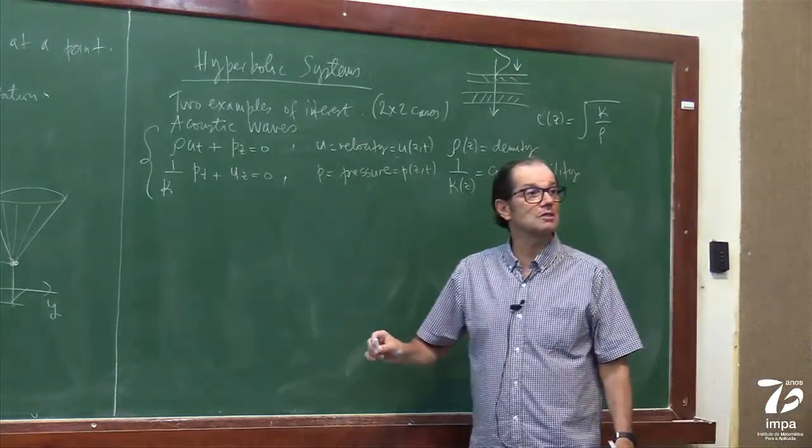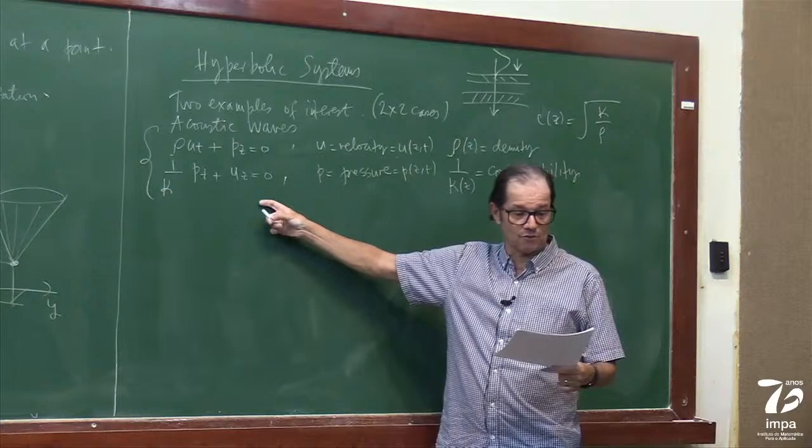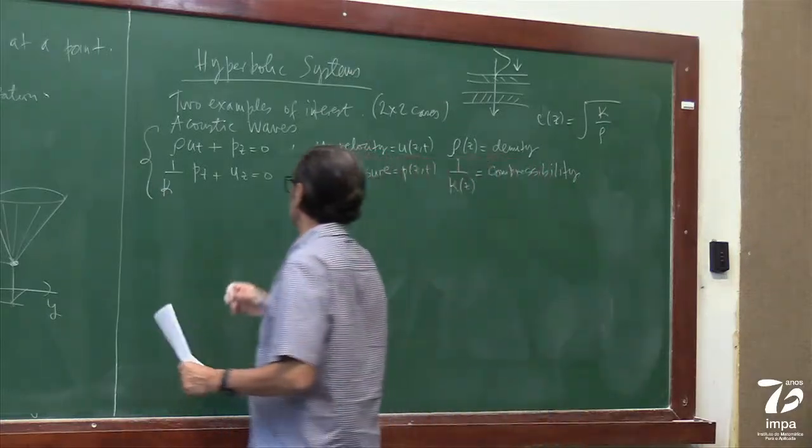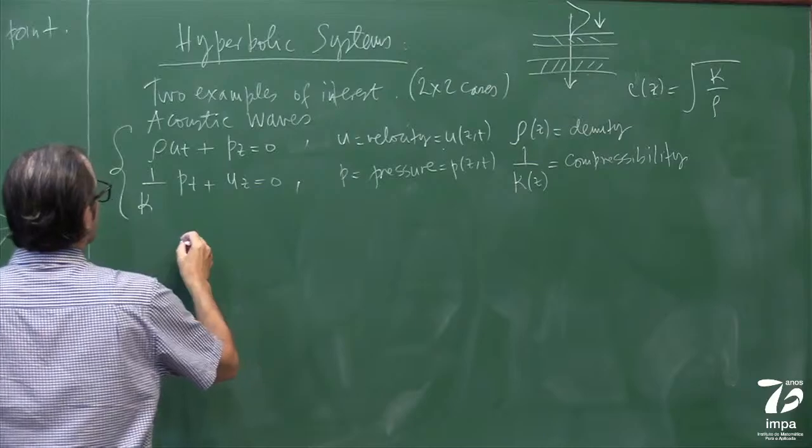But it's a 2-by-2 system, right? And I can write this in matrix form, okay? So for one example, let me write this in matrix form. I can write this like this, look.